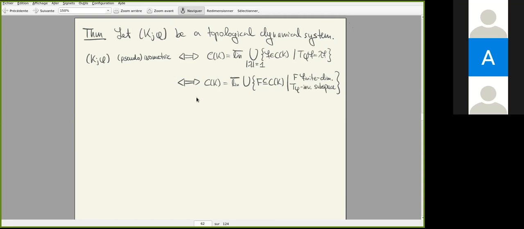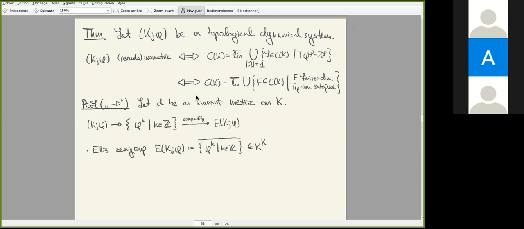Now, let's try to understand how one would prove this theorem. We only do one direction, which is the direction that is conceptually more interesting, namely the direction where we start with an isometric system and try to see how we can get one of these two properties.